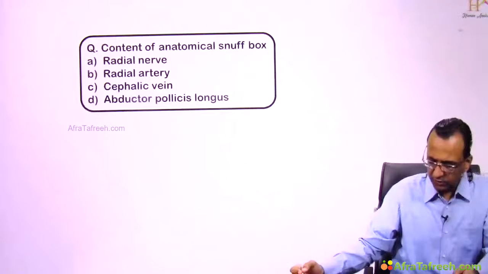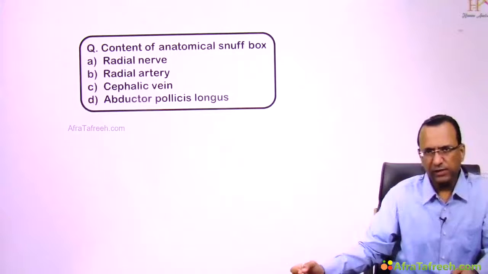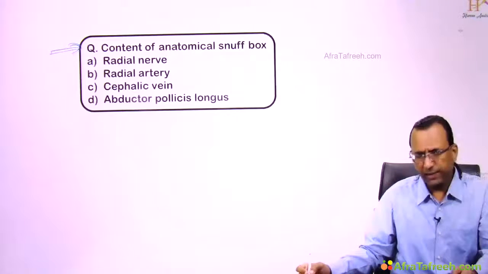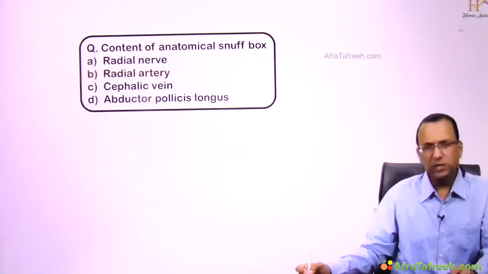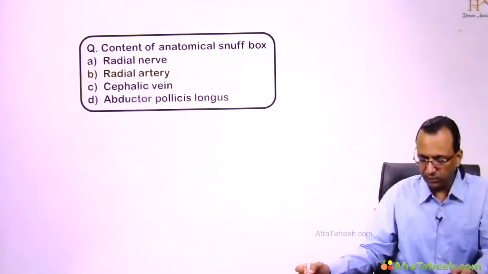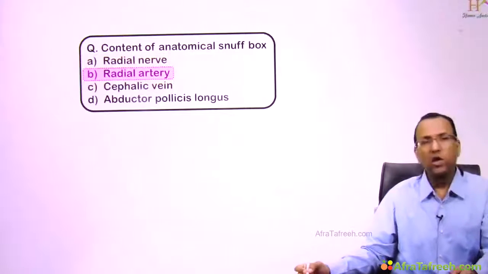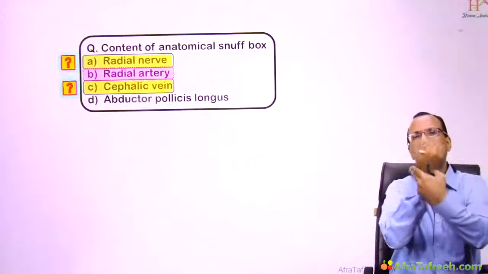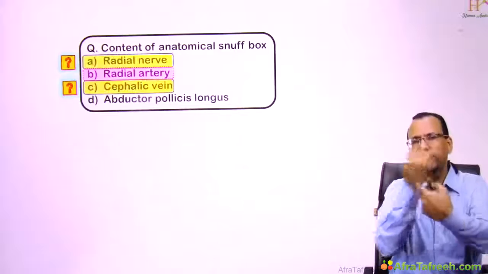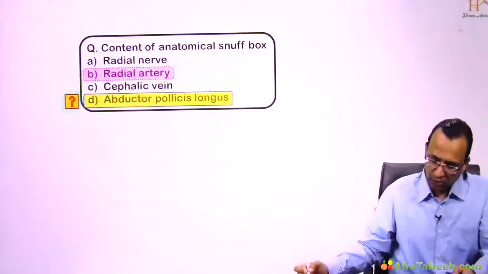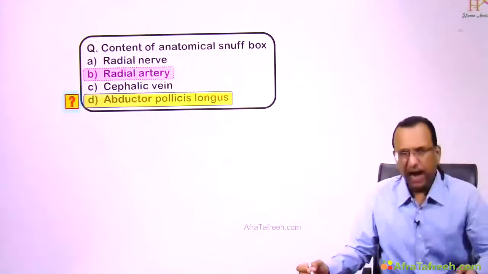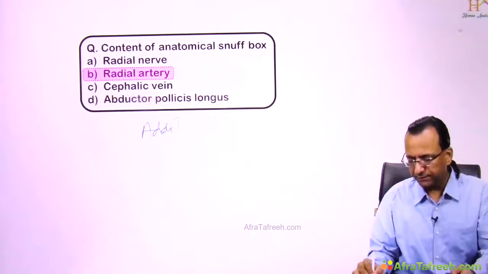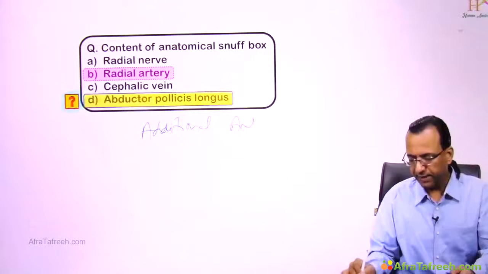Regarding the content, we already know: the radial artery. What about the radial nerve and cephalic vein? You already know they are at the roof of the anatomical snuffbox. What about abductor pollicis longus?